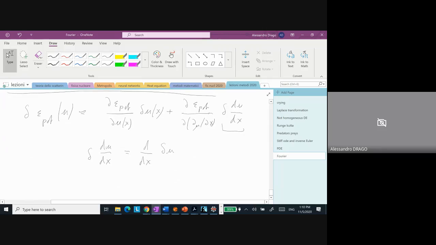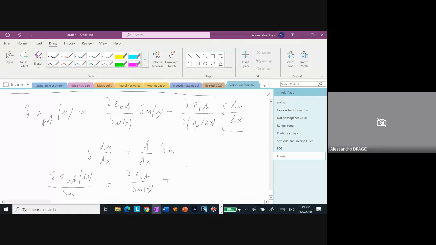Okay. So in conclusion, what I can do is to take a sort of variational derivative of a potential energy with respect to u. And this variational derivative contains a first term, which is just the derivative of the potential energy with respect to u. And the second term, okay, the notation is not extremely smart, but I don't think it is completely wrong.